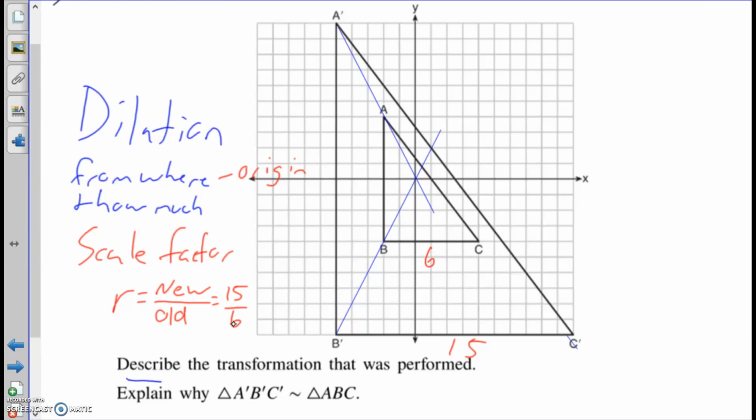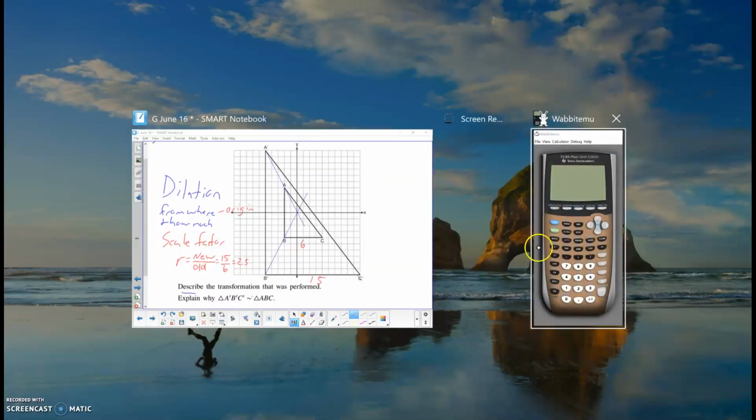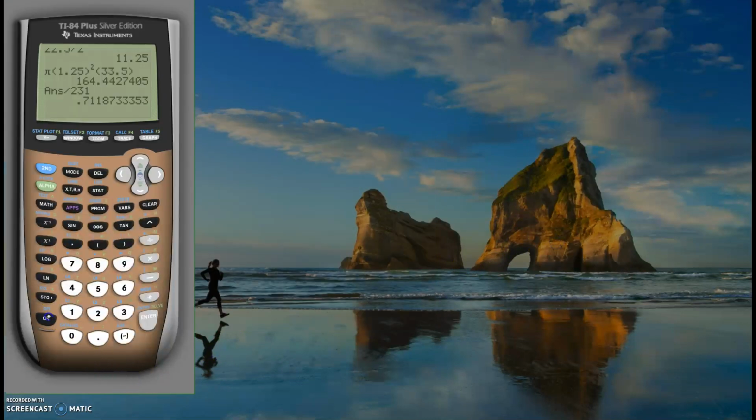If you do 15 divided by 6, I think that comes out to be 2.5. Let me double check that on my calculator. 15 over 6 is 2.5. Right. So that's your scale factor.